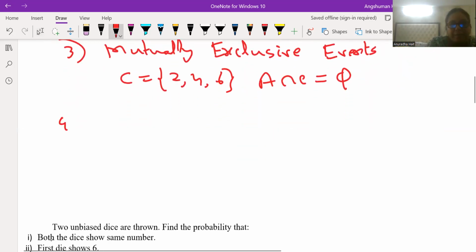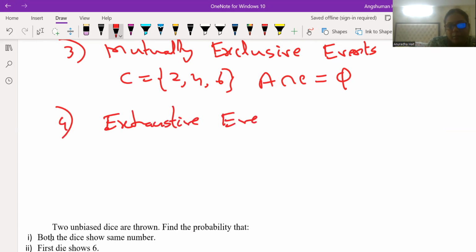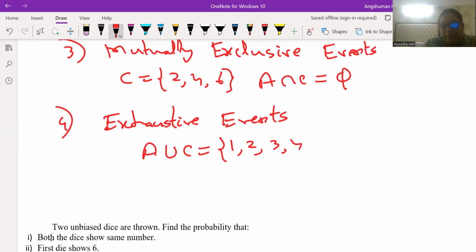Next, let me define exhaustive events. In the example I gave just now, we are throwing a dice, we are getting S equal to 1, 2, 3, 4, 5, 6. Now A is the odd numbers, C is the even numbers. If, instead of intersection, I take the union, A union C, what I get back is all the points.